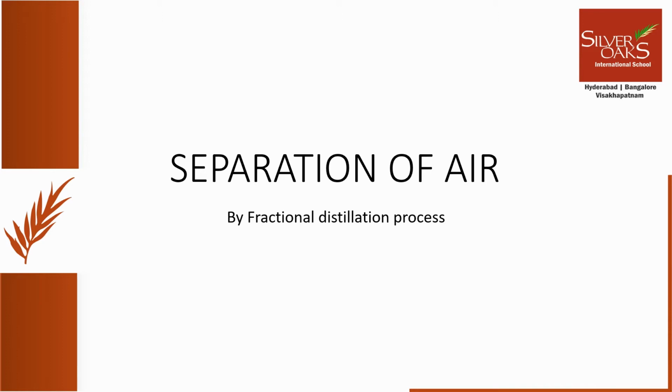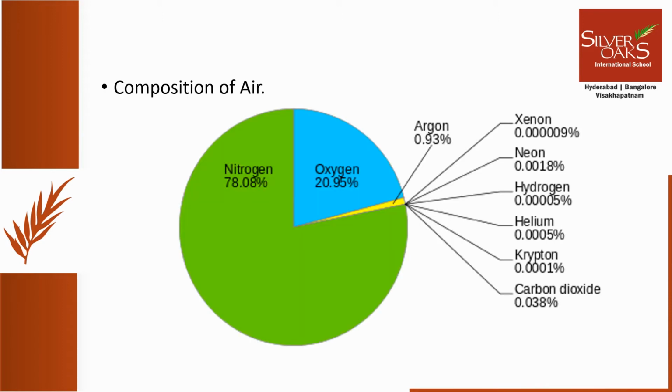In the same way, we can separate the different components of air, that is, the different gases, by using the same method. We know that air is a homogeneous mixture of various gases. In this diagram, we can observe the percentages of various gases in the air.